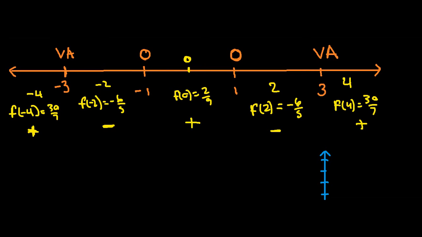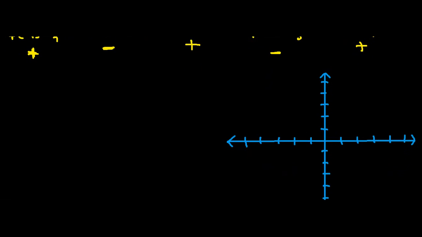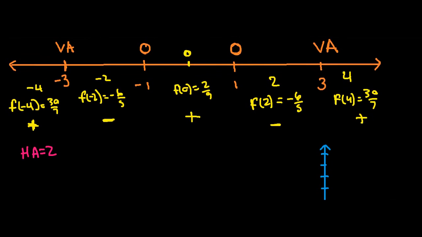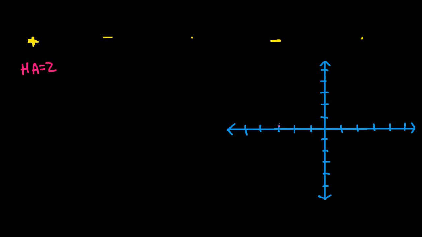The first thing I like to do is to put all of my asymptotes on. If we recall from our earlier calculation, our horizontal asymptote was equal to 2. That was the only thing that was not on this bar. So we have vertical asymptotes of minus 3 and 3. So here's minus 3.